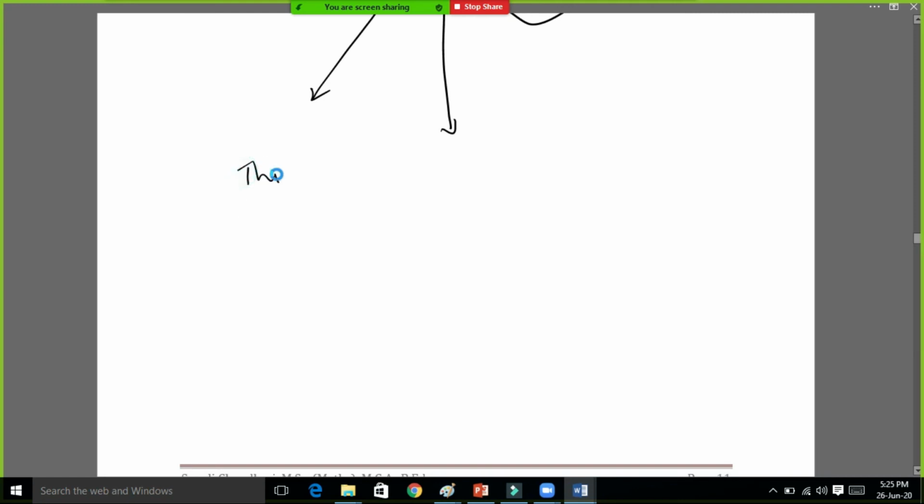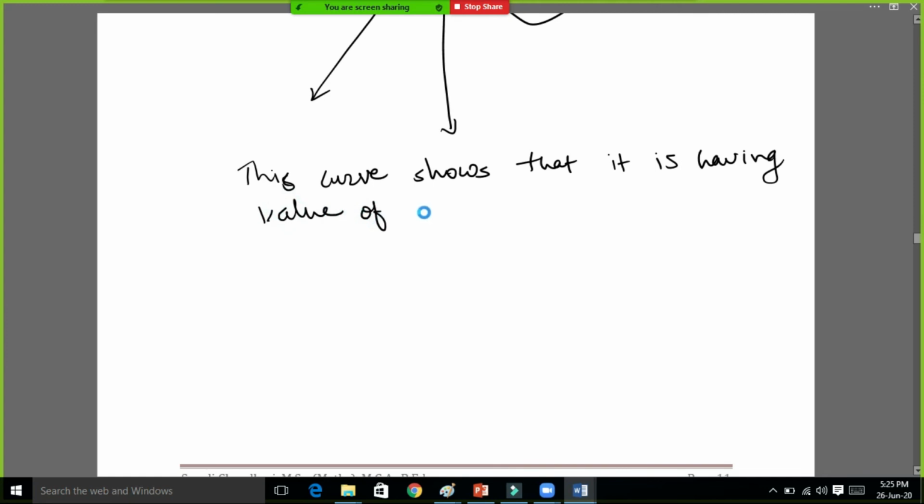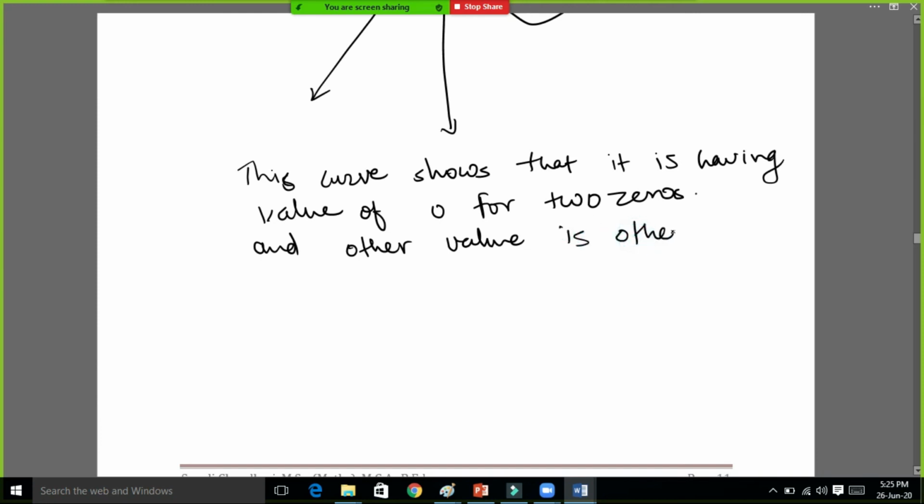This curve shows that it has the value 0 for two zeros and another value, other than 0, for the third zero.